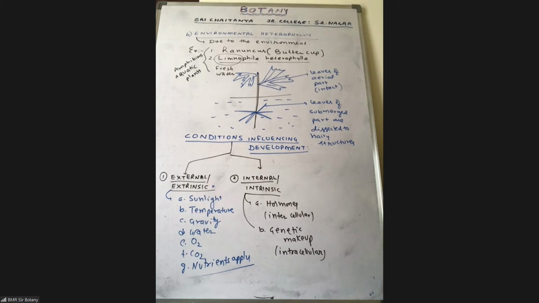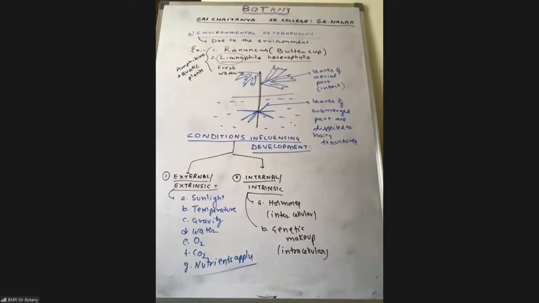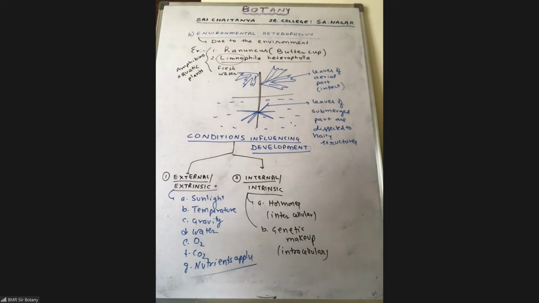Excuse me, sir. Yes. Can you explain how development is open? Development is an open form. Cells are being continuously added, and depending on the stage of development, they could give rise to different structures.